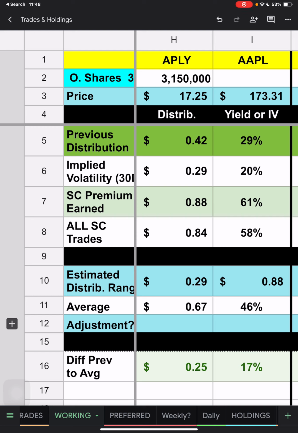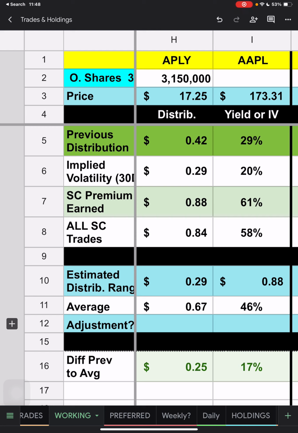Maybe they want to hold some of it back for the future where they think it might be lower. We never know. So those are other things that we can't really factor in because we have no clue. So anyway, those are really high, compared historically, knowing Apple.